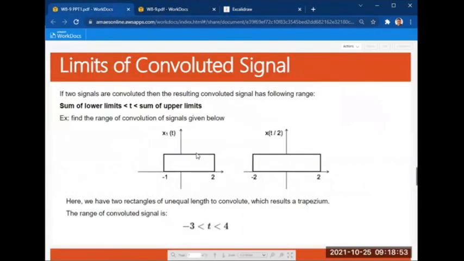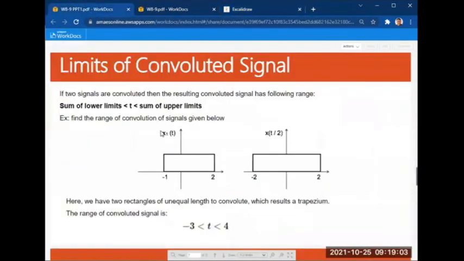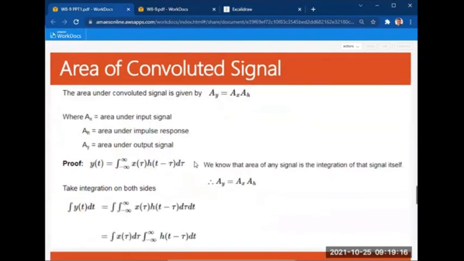And the range is from -3 because of this left side and +4 because of this right side. So that's it for our limits. We did two things at the same time, the limits and the convolution of two rectangles. Next, we have the area of convoluted signals.